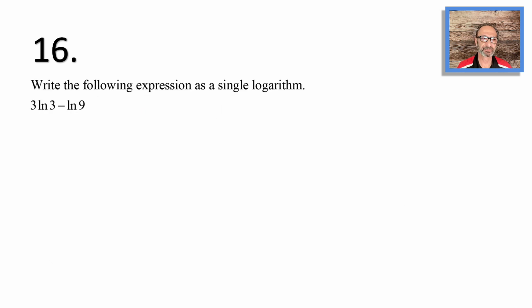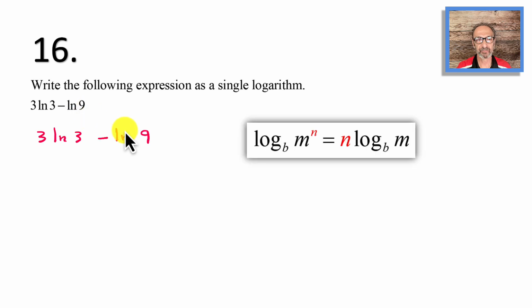Number 16. Write the following expression as a single logarithm. One way to do it, since I see 3's here and 9 is actually 3 times 3, I could think about the 9 as 3 to the second. Here we go.